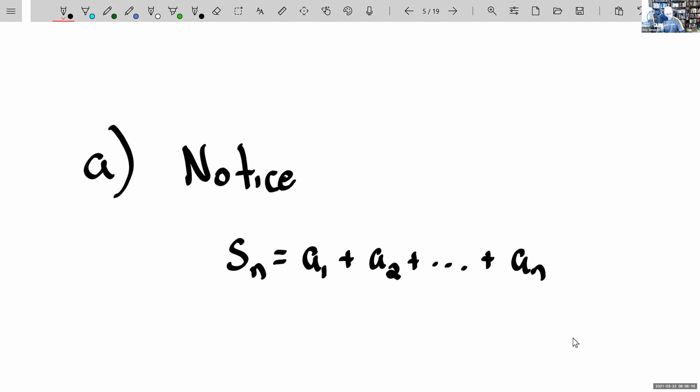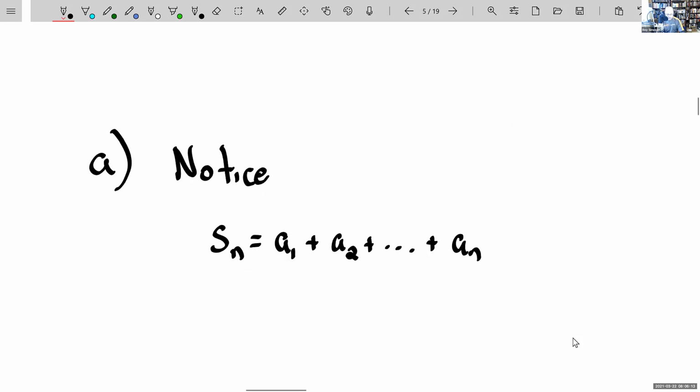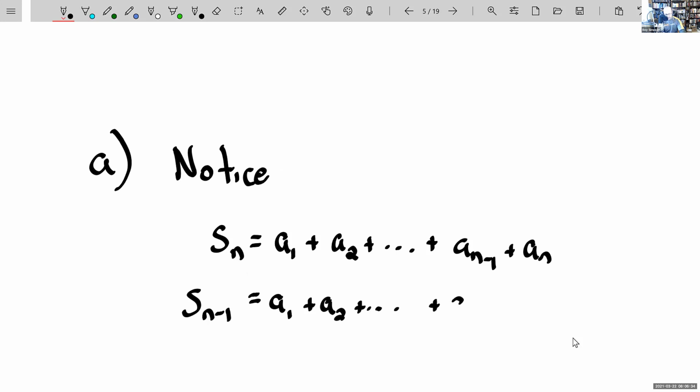And if I were to sum up the first n minus 1 terms, that would be a sub 1 plus a sub 2, all the way to a sub n minus 1.